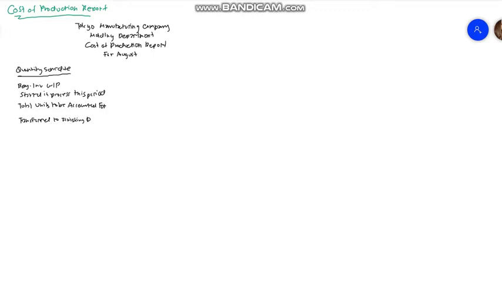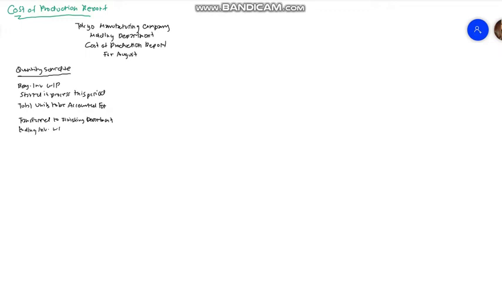Finishing department because it has another department. Started. Okay, so this is actually the first department. Okay. This is the first department. Okay, and then we call this one the inventory ending.